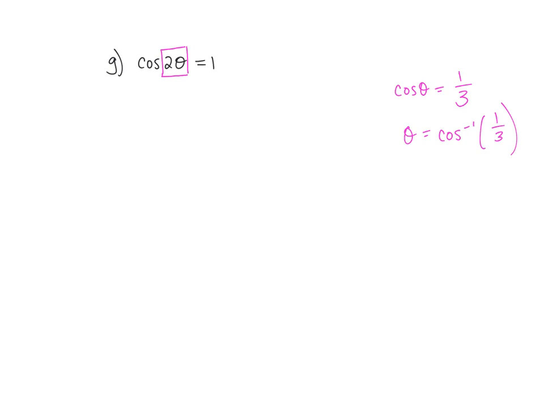Okay, so we cannot just divide out a 2 from every side. But let's think about what this means. So this means that we have a horizontal stretch by a factor of 1/2. So we're going to look at this in a couple of different ways. So I'm dealing with cos.